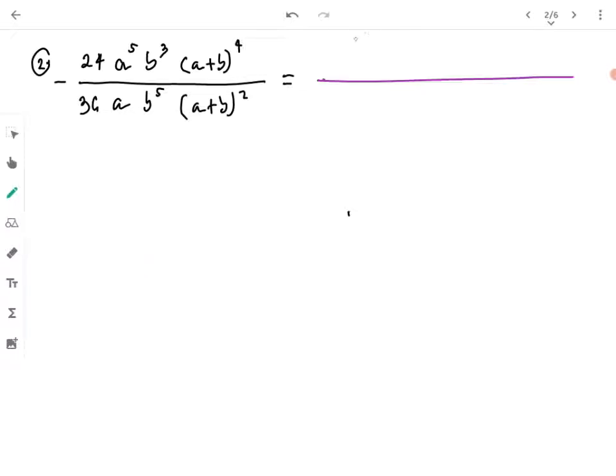The GCF is not 6 but 12. So 24 with respect to 12, we can express as 2 times 12, then 36 with respect to 12, we can express as 3 times 12.